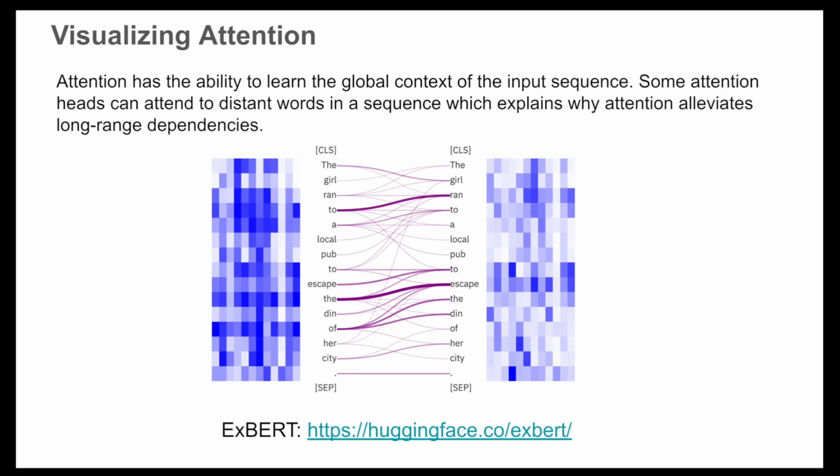This is a great tool from Hugging Face which you can use to see how words attend to words when fed to an attention layer. So I invite you to experiment with this tool. The last time I used it, it was open and easier to use. You can put in your custom sentence, and then you can change the number of layers and number of heads, and you can see how words attend to other words.